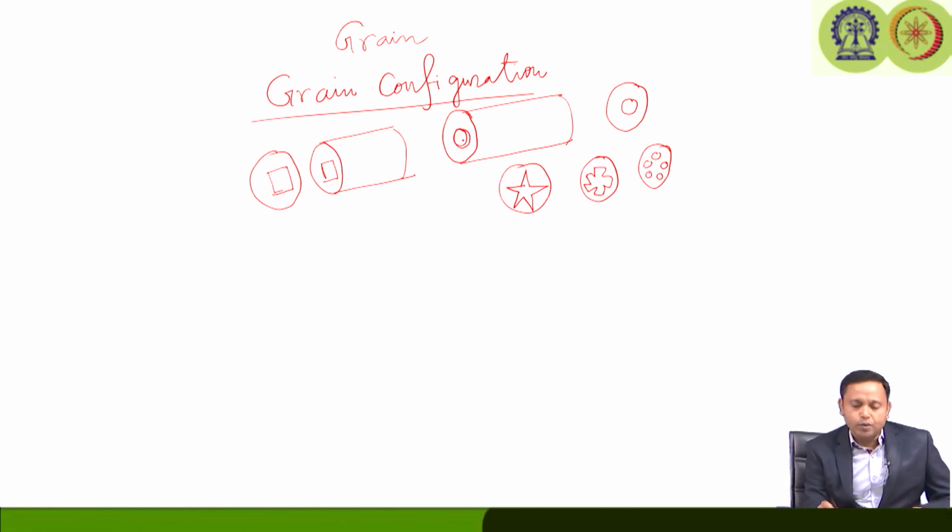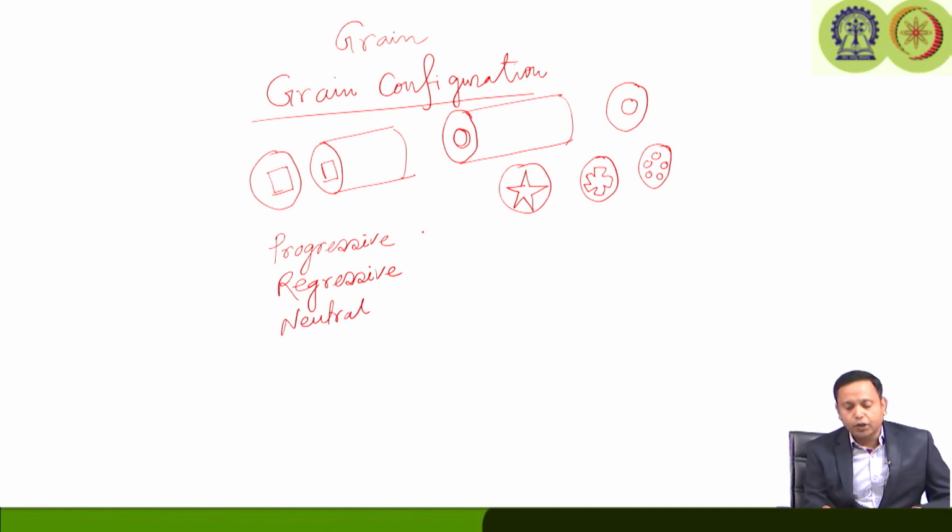So, the internal geometry of the grain is called the grain configuration. Depending on the configuration, the pressure time or the thrust time profile will change. So, based on the configuration, it may have a progressive burning profile, or it may have regressive, or it may have the neutral.